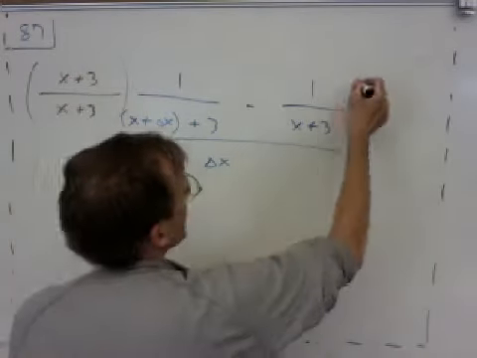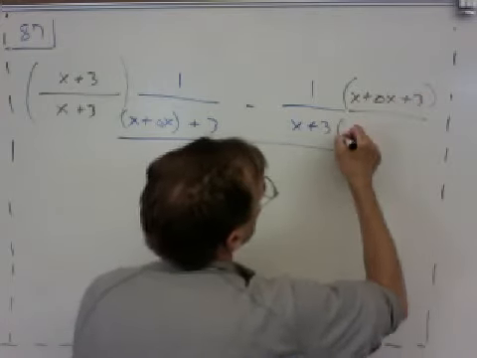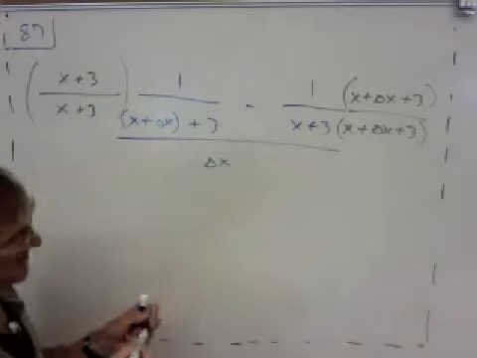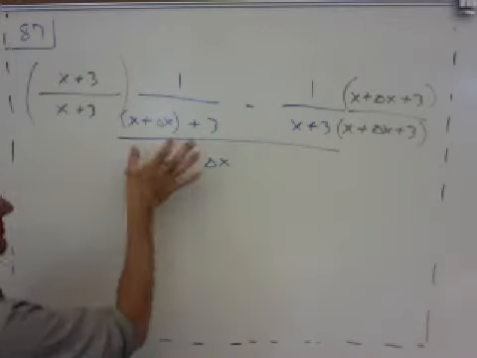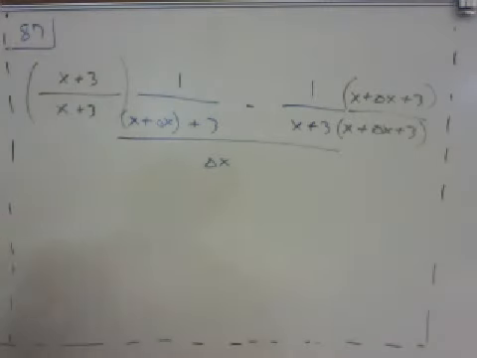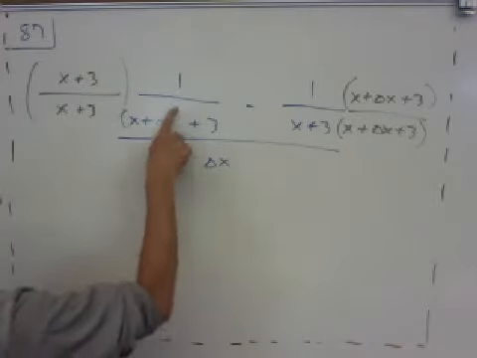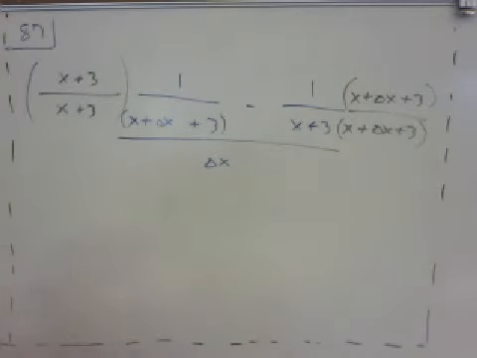Over here I'm going to multiply by the x plus delta x plus 3 over x plus delta x plus 3. So what we've done there is we've kind of cross-multiplied, so we end up with the same denominator for both these fractions, x plus 3 and x plus delta x plus 3. I don't really need this parentheses here, so I'm going to move it and put it down here. It makes it look more symmetric.